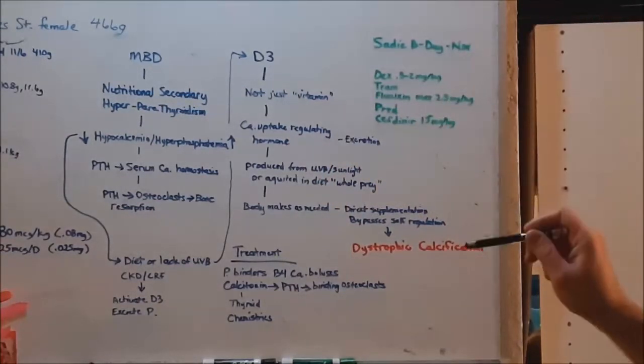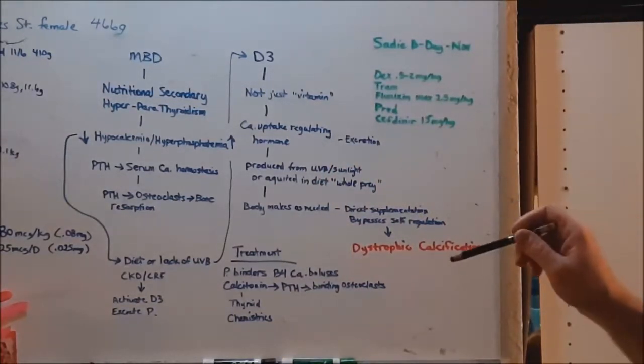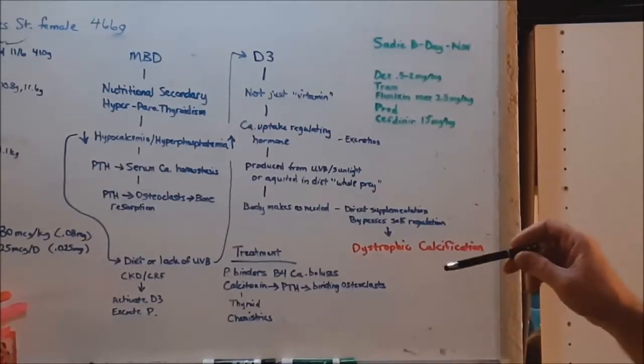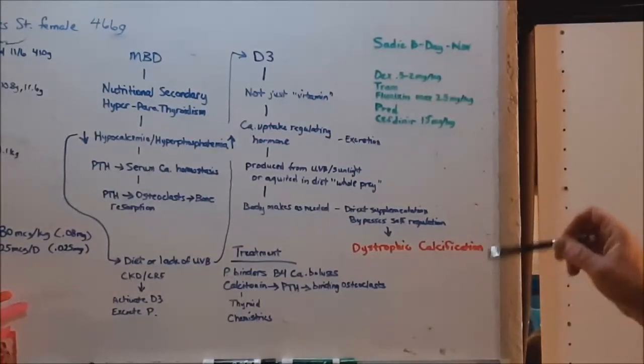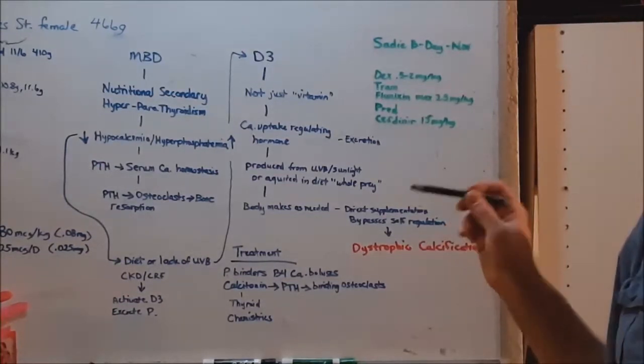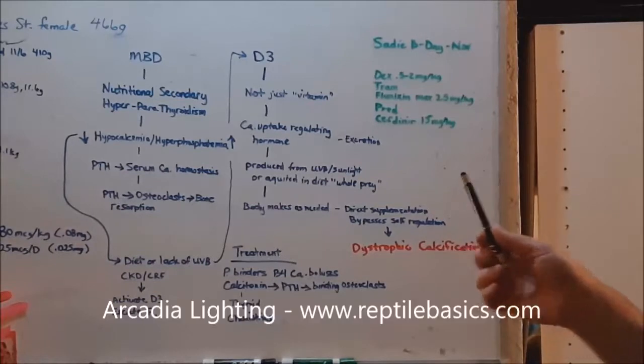The best in the world, the lights that I recommend, are made by a company called Arcadia. They're produced in the UK, and you can find those on a website called reptilebasics.com.